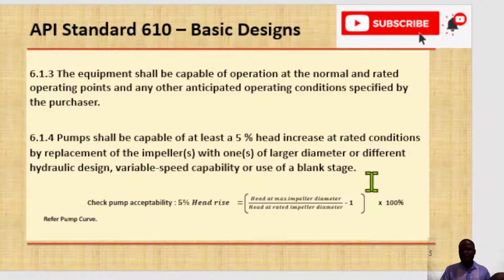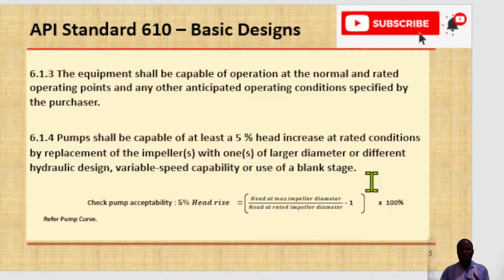This is very, very important. So these are the things that you check for when you are carrying out technical evaluation of the mechanical data sheet for a particular centrifugal pump. Let me repeat this: the equipment that the intended vendor is supplying you shall be capable.